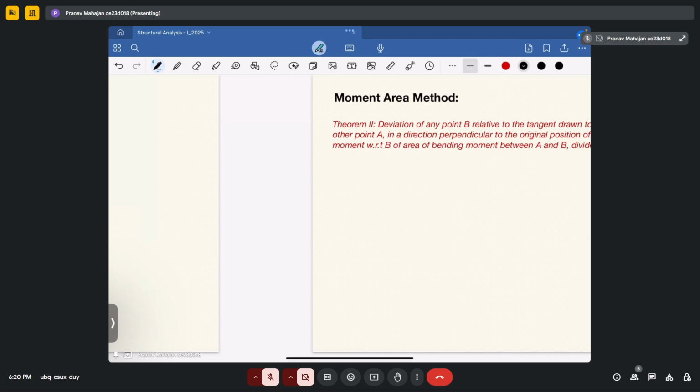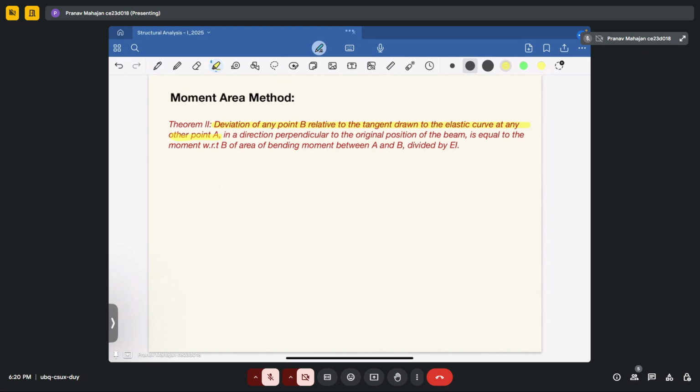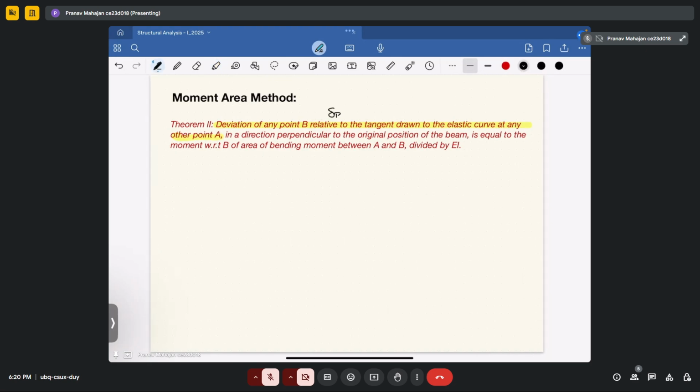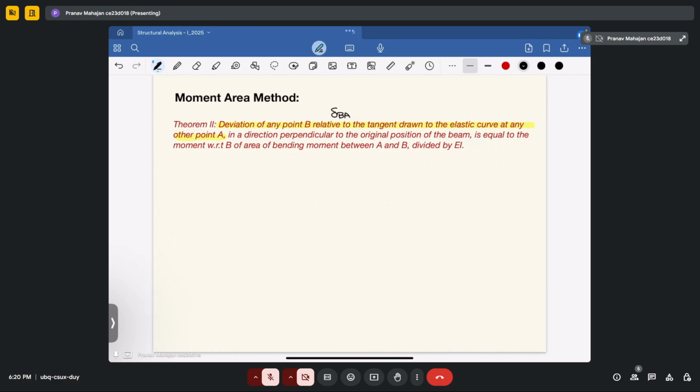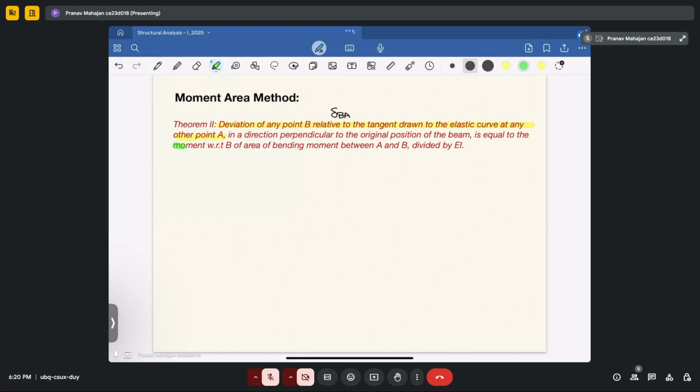It tells you that the deviation of point B relative to the tangent drawn on the elastic curve at any other point A, that means delta BA in the direction perpendicular to the original position of the beam, is equal to the moment with respect to B of the area of the bending moment diagram between A and B.